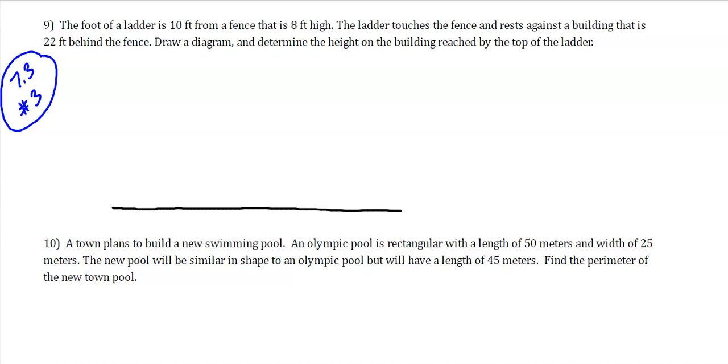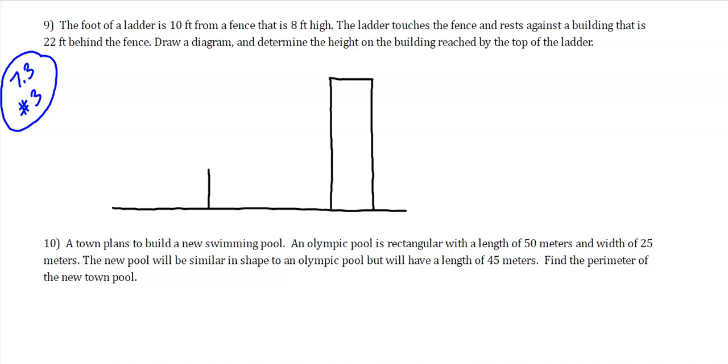So I have the ground. I have a ladder that's leaning on a fence and then rests against a building. So we have some sort of building here, and then we have some sort of a fence. It says the ladder is 8 feet from the fence and the building is 22. So we'll put a little fence right here.